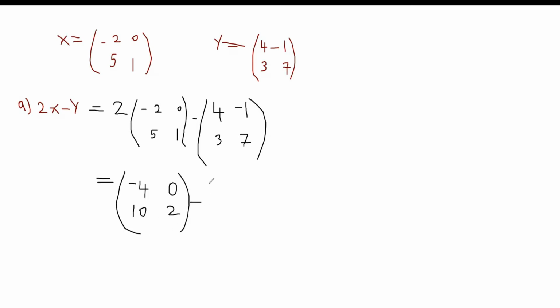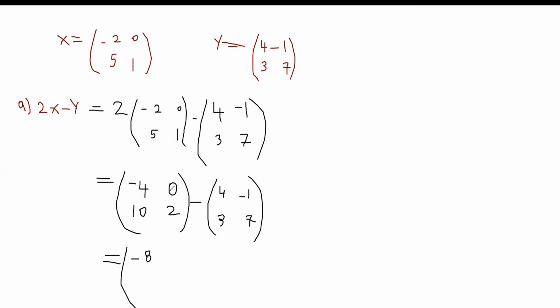And then we subtract now matrix Y, which is 4, minus 1, 3, and 7. So now when you subtract elements of matrices, you have to make sure you subtract corresponding elements. So it's going to be minus 4 minus 4, and that becomes minus 8 right here.